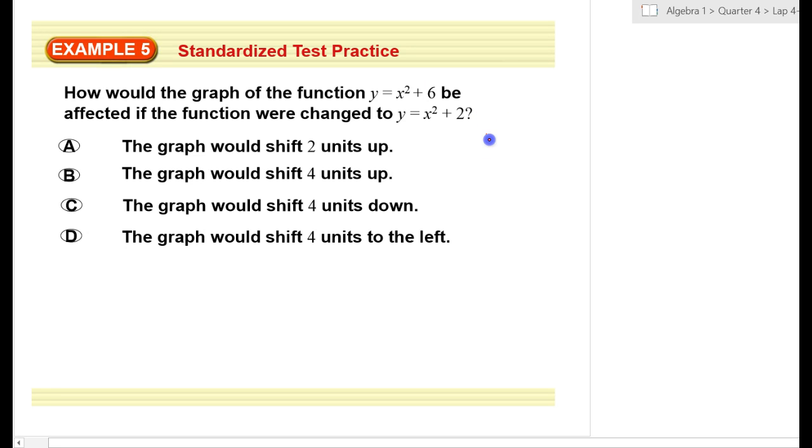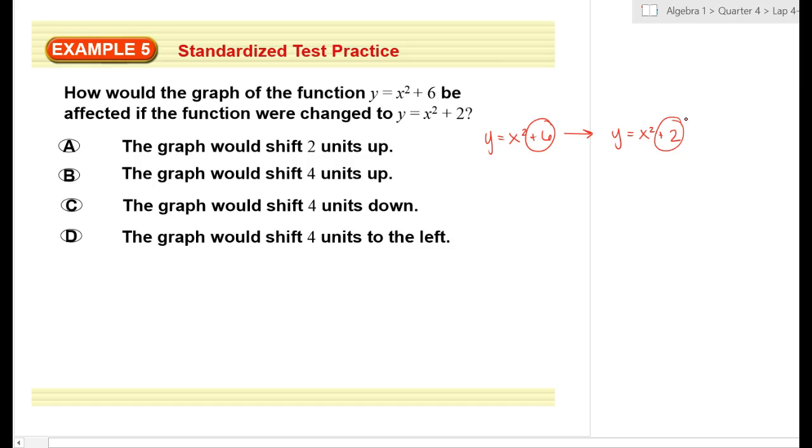Well, I'm going from y equals x squared plus 6 to y equals x squared plus 2. What we notice, the only difference in these equations, and you can graph them if you want to, but it's going to take you way too much time, is this plus 6 and this plus 2.